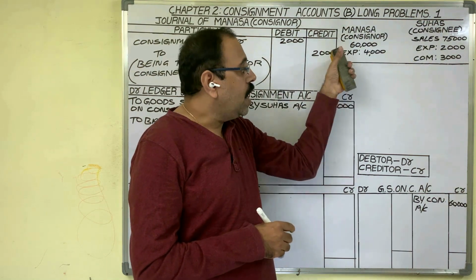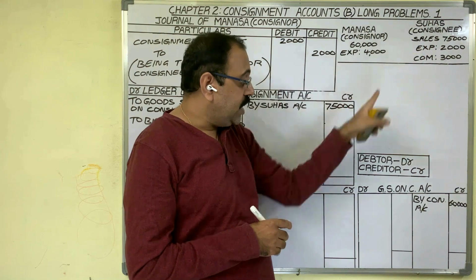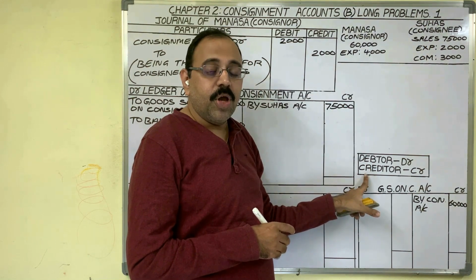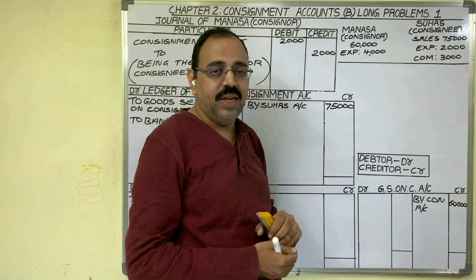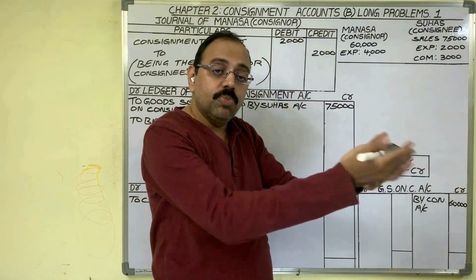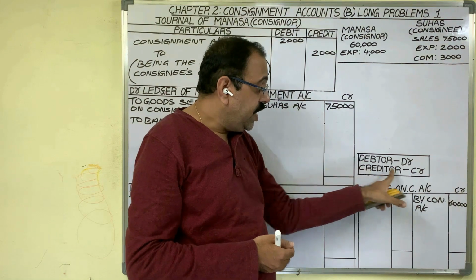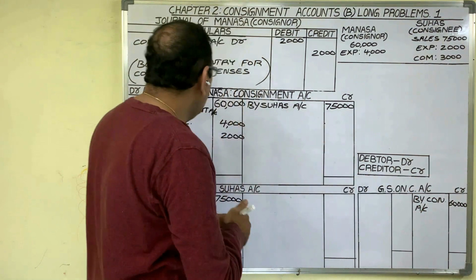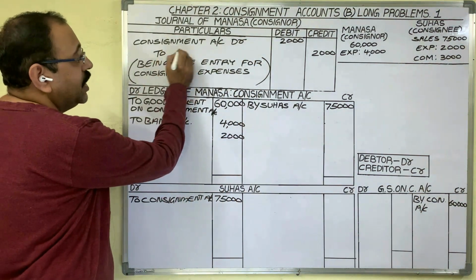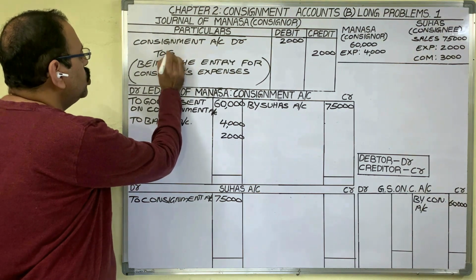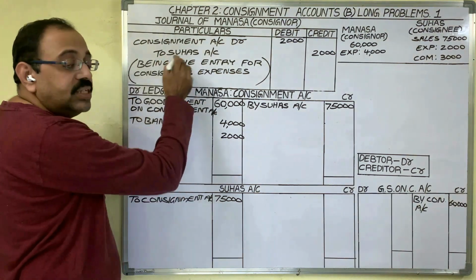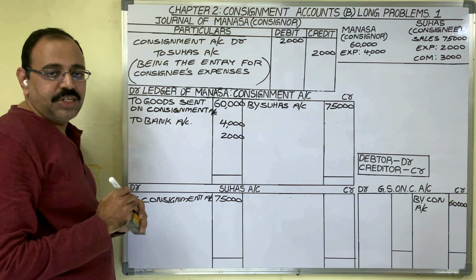Means to us, consignee is a creditor, because we are liable to consignee. We have to pay 2,000 rupees to consignee. If consignee is a creditor, we should credit his account. Therefore, credit is consignee's name, to Suhas account. This is the entry for consignee's expenditure.